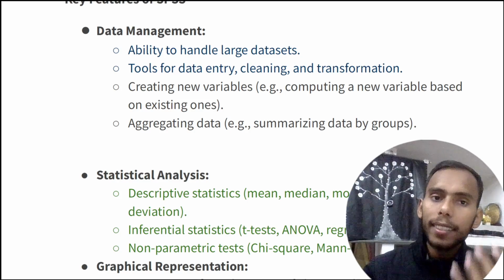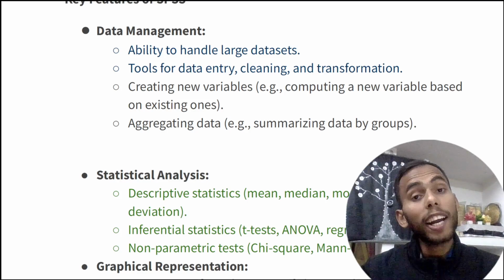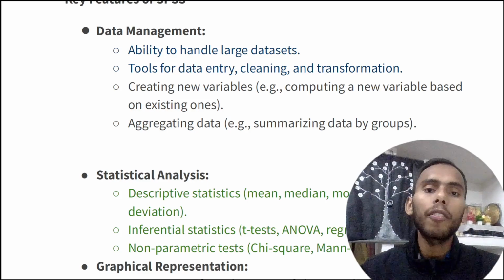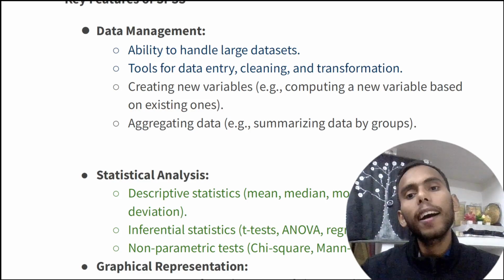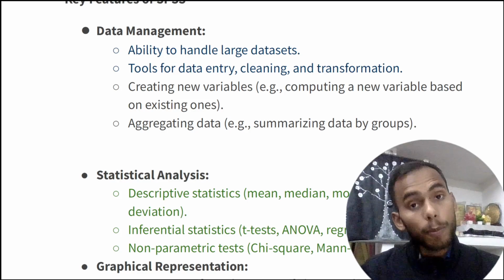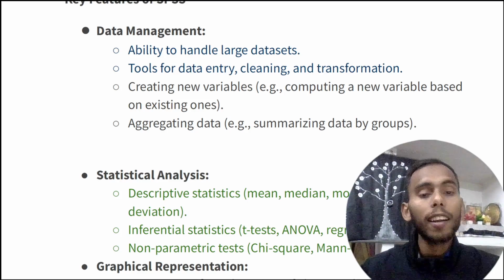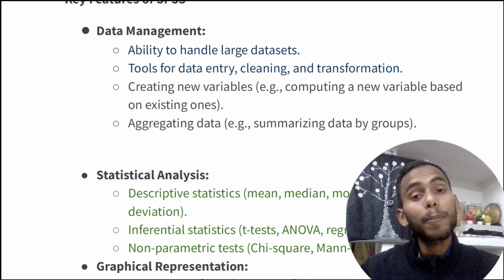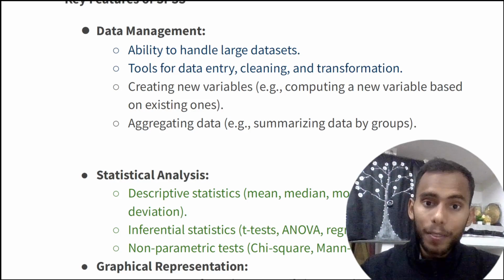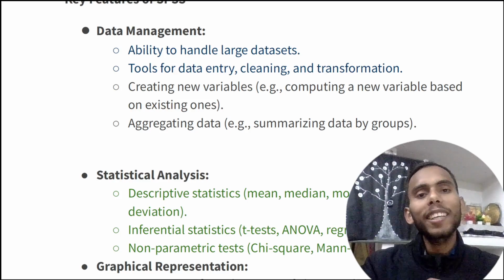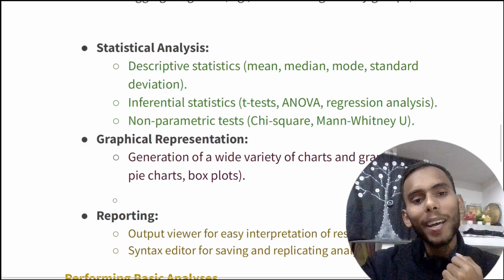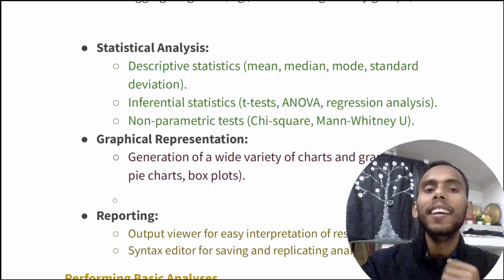In this software, we can not only analyze the data, we can also enter a huge amount of data, clean that data, and make certain transformations in that data set. We can also create new variables and make changes in our data set as per the requirement of our research.